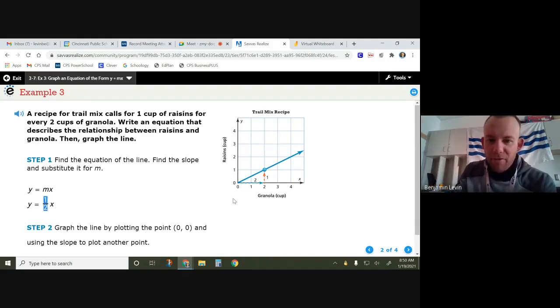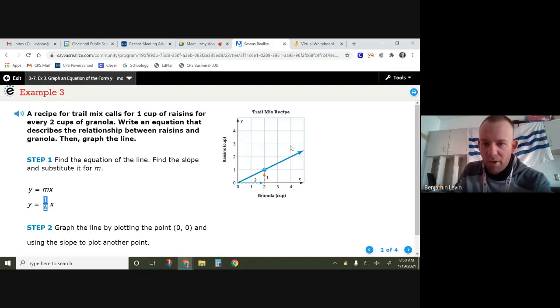Now they made a graph, right, with each box representing 1 cup of whatever ingredient. So our rise is 1, up 1, right? And our run was 2. 1 cup of raisins, 2 cups of granola. So we went up 1/2, and we got this point. Notice that if we go up 1/2 again, we have another point that is also on the line.